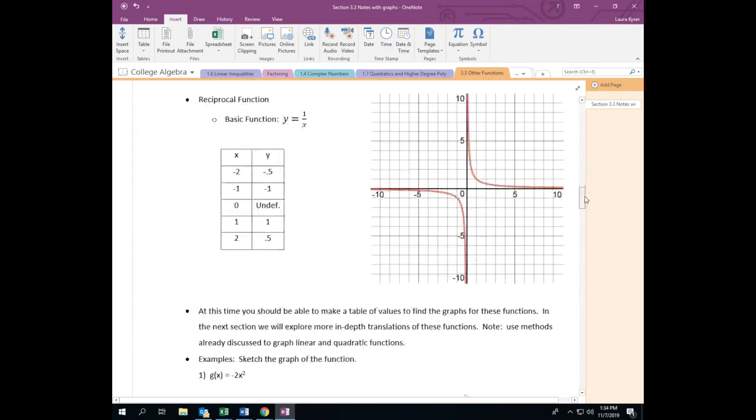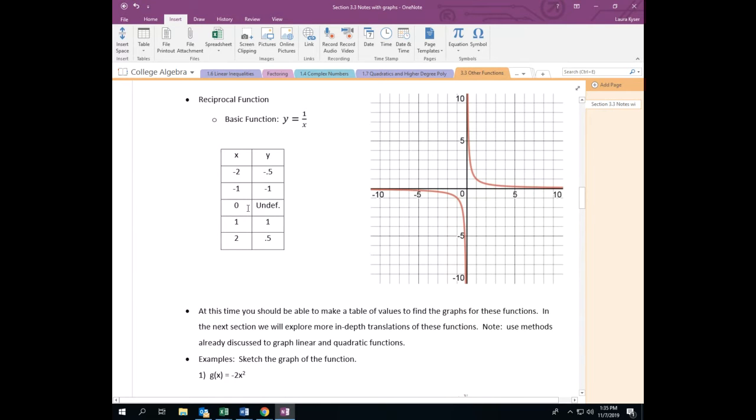Oh, I forgot one, the reciprocal function. The reciprocal function is 1 over x, which is a rational function. And if you look at our table, I selected values from -2 to 2, but when you get to 0, you get undefined, because 0 is not a part of the domain of this function.